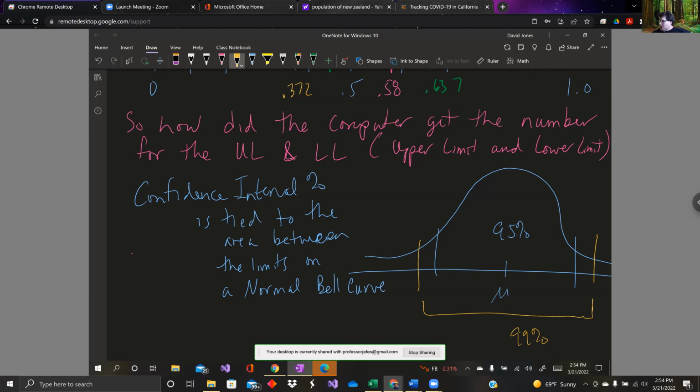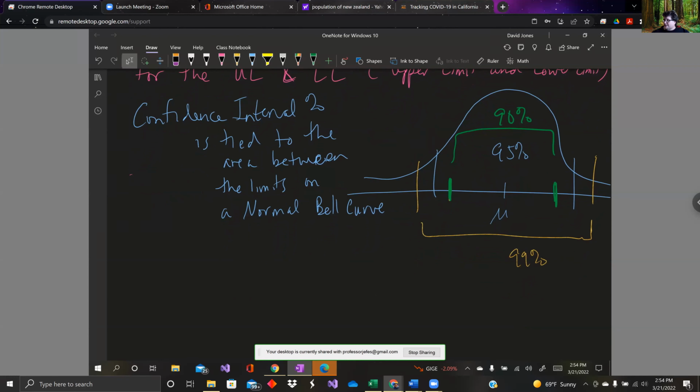And if I made it smaller, maybe that's only 90%. So I'm less confident, but my number range is tighter. So a narrower interval means less confident, and a wider interval means more confident.